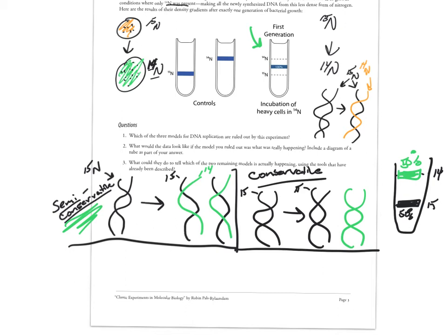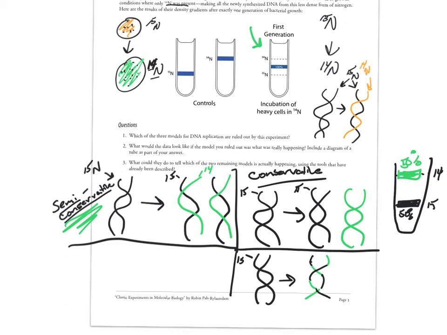So now with the dispersive model, what would you expect to see? Well, you have two originals, all of the strands being made of nitrogen 15. And afterwards you'd see a little bit of 14, and then another little bit of 15, and some more 14, and then up here you might see some 14 and some 15, and then some more 14, and then some more 15.